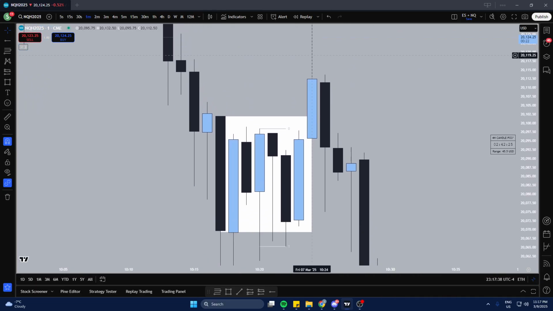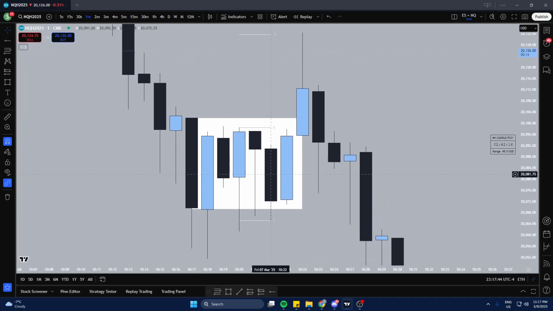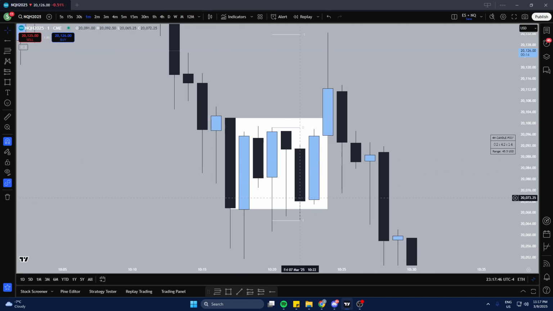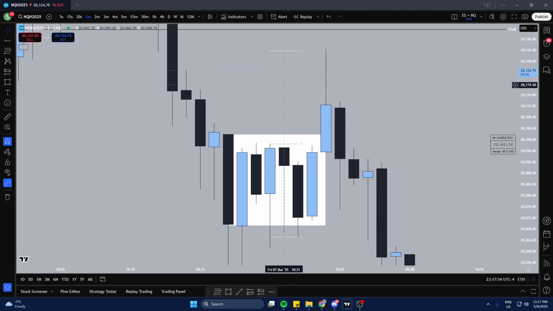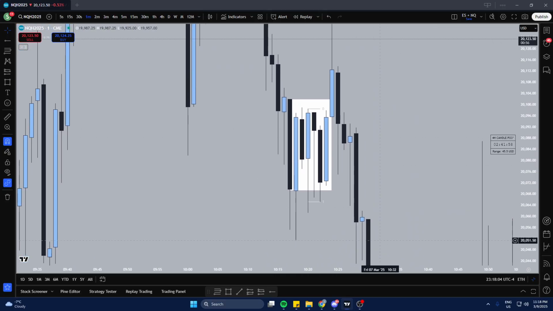But yeah, we use standard deviation on this little leg here. This is not even a manipulation leg, this is just accumulation, but we take what we can. So it's this low and this high, and we just project it, and it projects up here, which tags us in, and then displaces downwards.